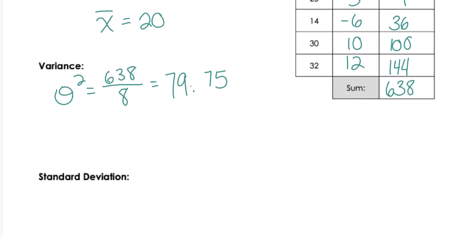From there, it's very easy to calculate the standard deviation. If you remember from before, standard deviation is just the square root of the variance. When we take the square root of that 638 over 8, we get a value of about 8.93.